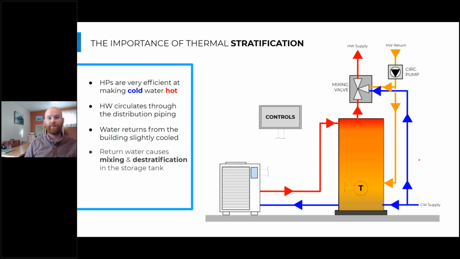But as we pipe that return water into our storage tank, we reduce the effective storage volume of that tank, because now there's less of that water that's at usable temperature or above, and a significant portion of it can be below usable temperature, often at around 110 or 115, depending on the temperature that's circulated in the hot water circulation system.